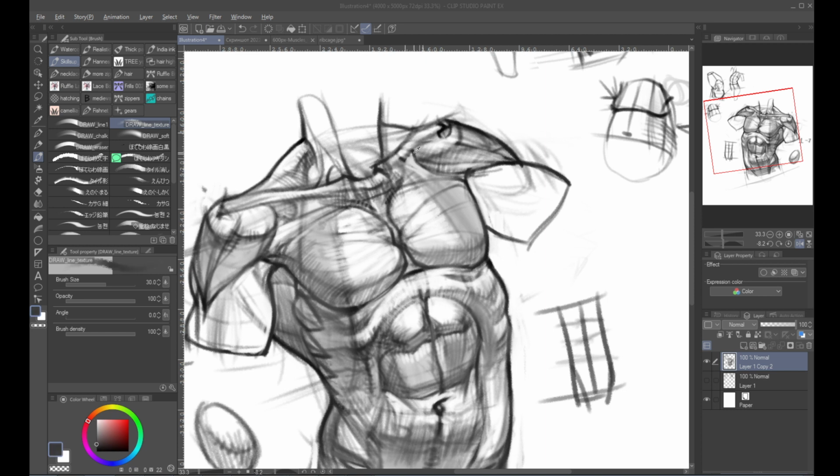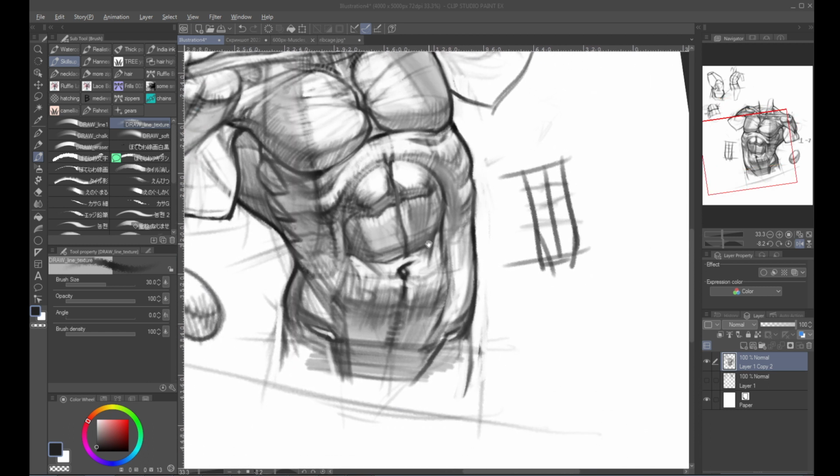Now let's clean the clavicle up a little bit, show this volume here, and continue cleaning up the form.